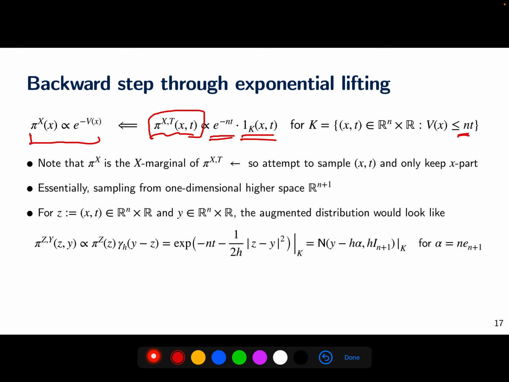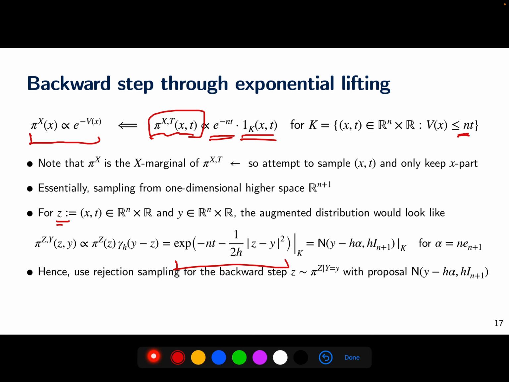So now, denoting the augmented space as z, your augmented distribution looks like this. The benefit of this approach is now very obvious, because your backward distribution can be written in a clean way, like a truncated Gaussian.